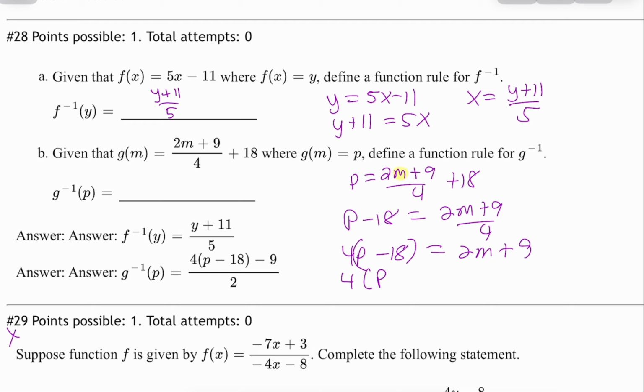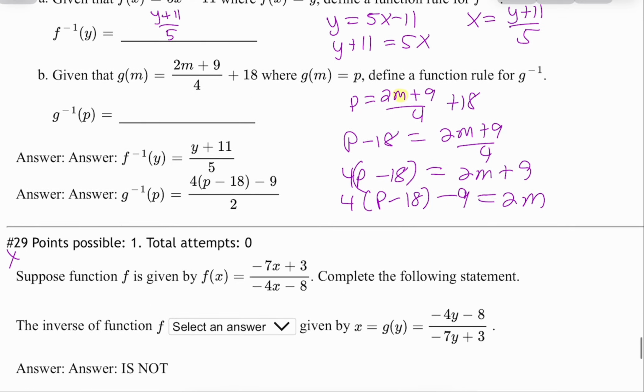So that quantity minus 9 would equal 2m. And so m would be that junk all divided by 2. And that's what we want to put on our line. Now be careful if yours and my numbers are not the same, but it's a similar procedure.